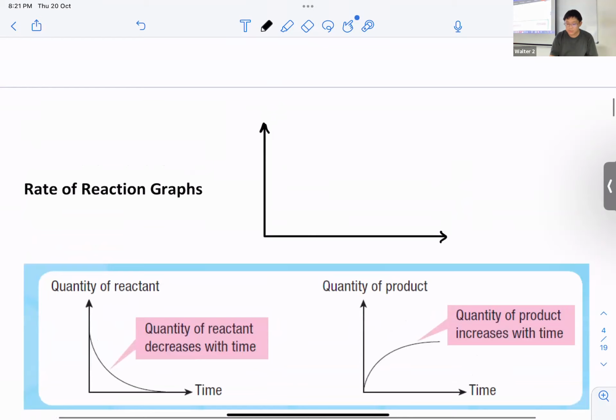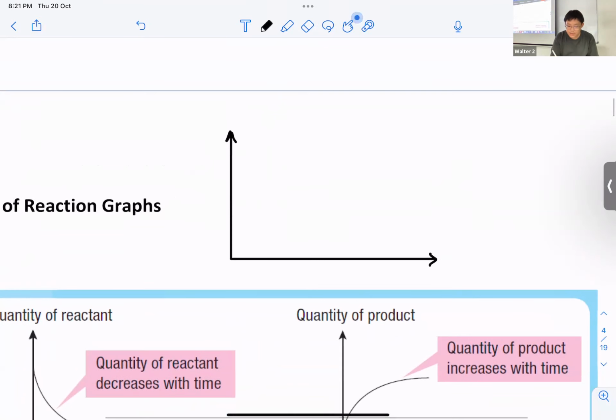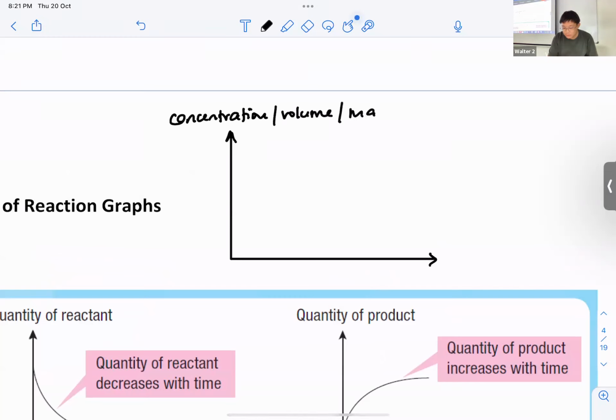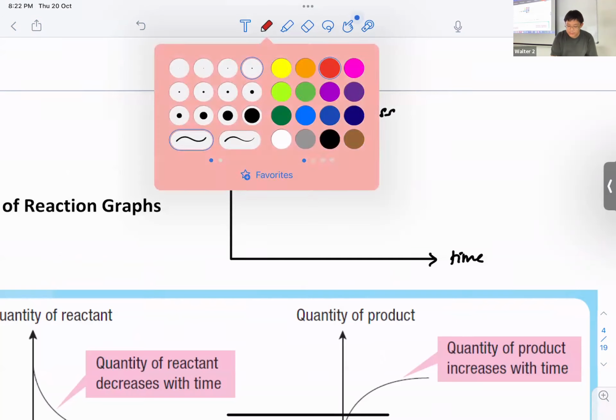My point here is I'm going to show you a graph. So you can actually calculate concentration of reactant or volume or mass, it doesn't matter, any one of these factors. And this is time. So I'll use two different colors here.